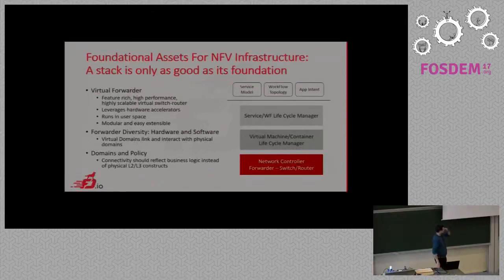We operate mostly on the network controller layer, where our forwarders, routers, and switches are, and we manage and configure them by some kind of automation that we implement in components above.